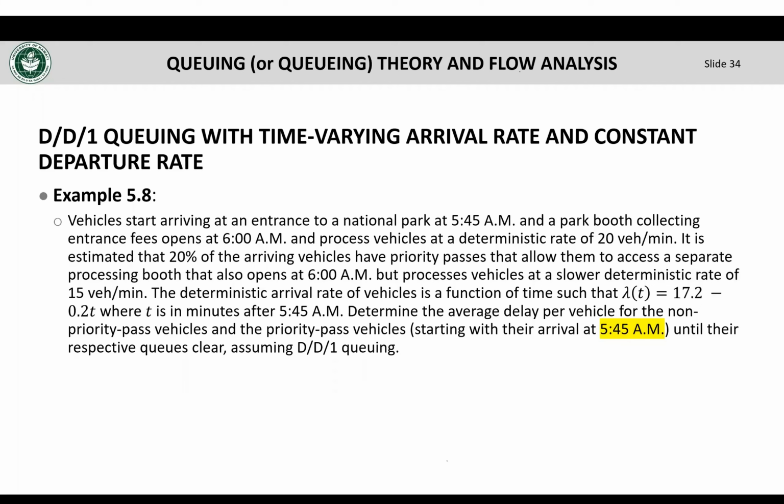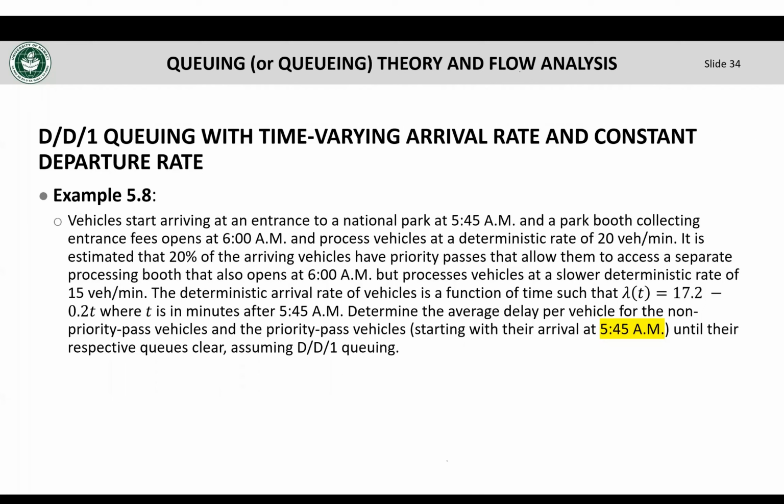So this is again example 5.8 in your textbook, so you can look at it later on in the text as well. It says vehicles start arriving at an entrance to a national park at 5:45 a.m. and a park booth collecting entrance fees opens at 6 a.m. and processes vehicles at a deterministic rate of 20 vehicles per minute.